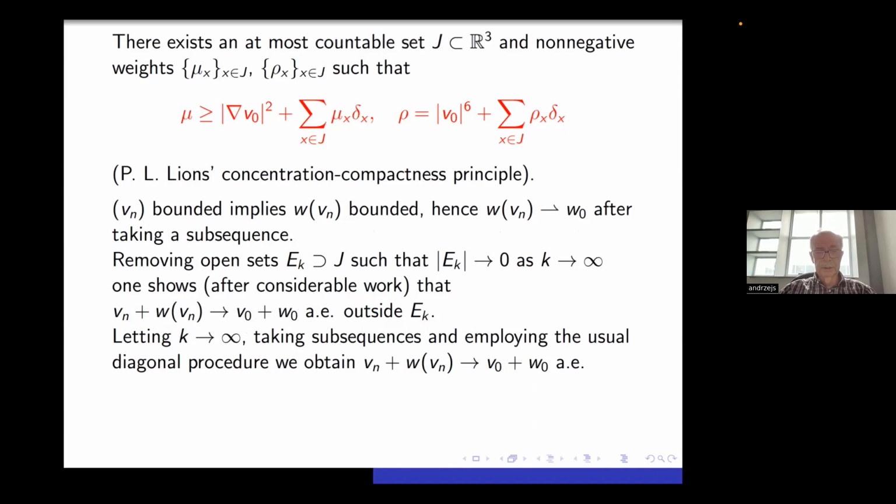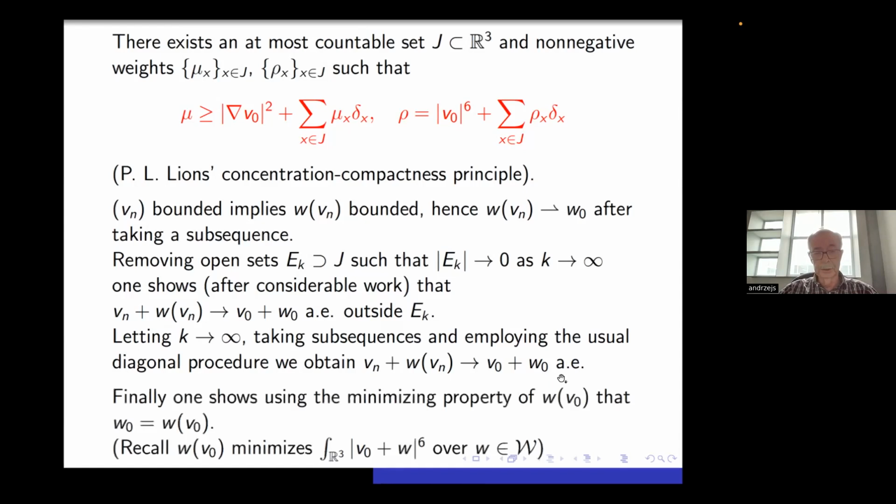And now one takes K to infinity and taking subsequences, and one uses a diagonal procedure, like in the Arzelà-Ascoli theorem, we obtain that this goes to V0 plus W0 almost everywhere. And finally, one shows that W0 is equal to W of V0.